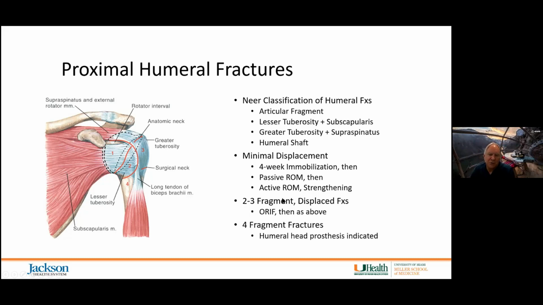If you have 2 to 3 fragments and displaced fractures, then you're going to need to go with open reduction internal fixation, and then move back into this 4 weeks of immobilization as you go through there. If you've got 4 fragment fractures, you're going to need to have a humeral head prosthesis, because this simply is not going to heal even with ORIF.